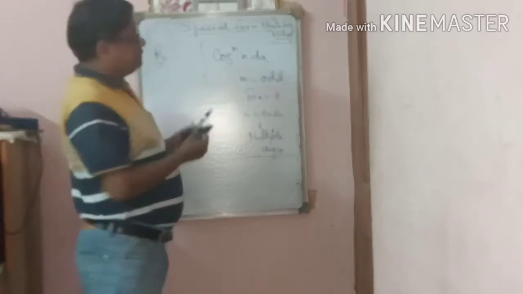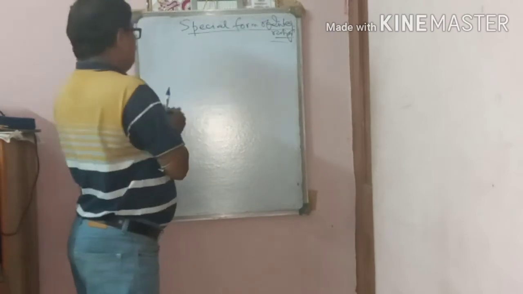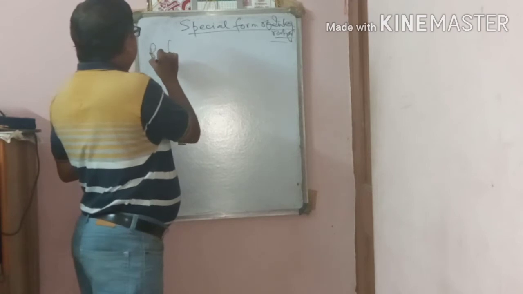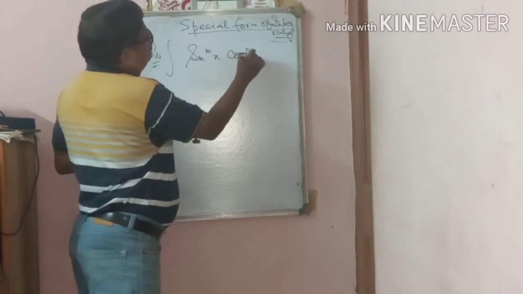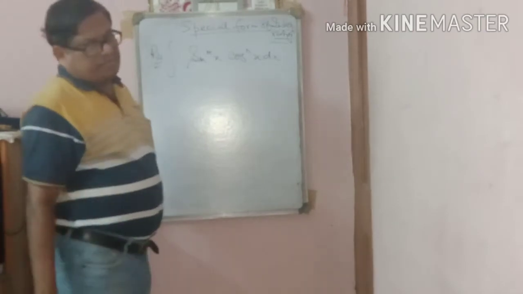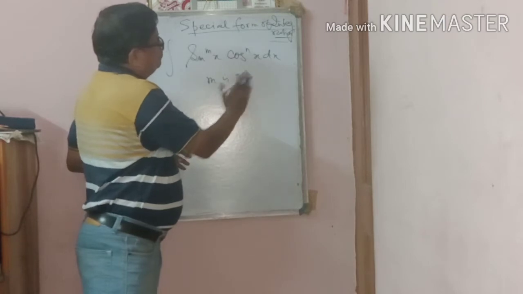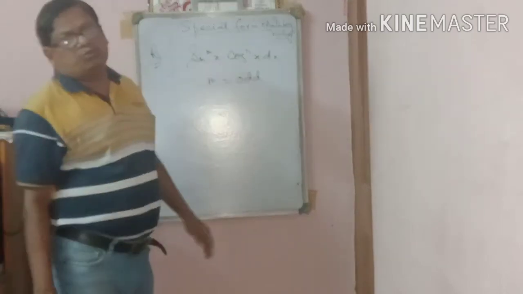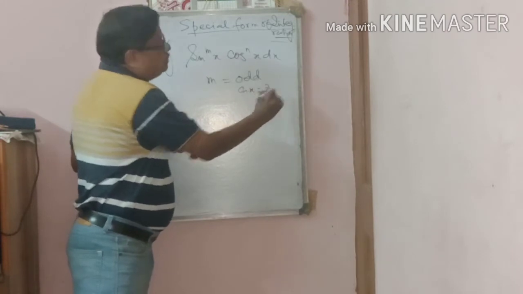If sin and cos are combined, then what to do? Similar process also there. Rule: suppose sin to the power mx cos to the power nx dx. Suppose m is an odd number, then put cos x equal to z.